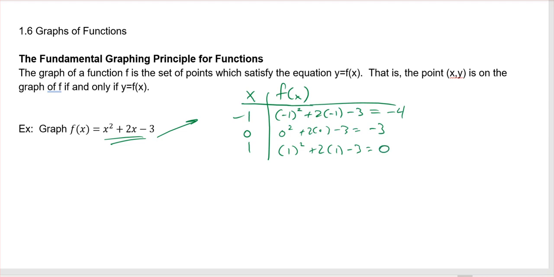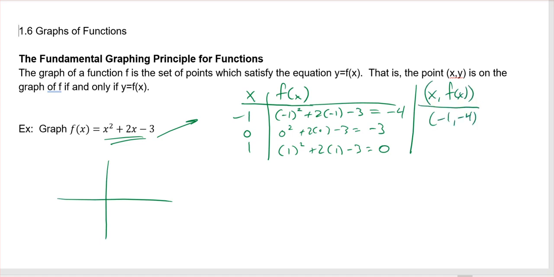And now we can start putting the points on the graph, right? So our points x comma f of x, we can list them: -1, -4, we've got 0, -3, we've got 1, 0, and we can put those on the graph.